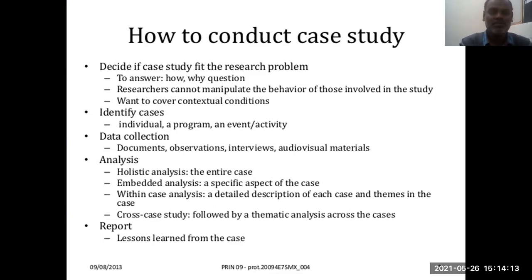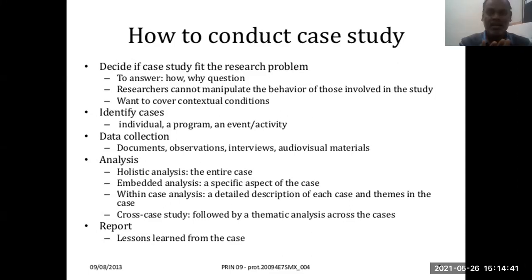You need to decide whether your problem is going to be effectively studied using a case study. For example, you need to answer how and why type of questions. How the problem arises, why this problem came out. You need to get the answer.